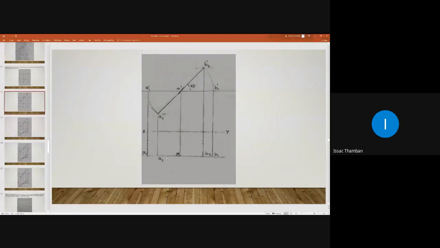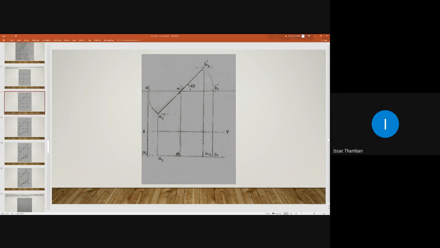If a line is parallel to VP, then what is the specialty of that line? It should reveal its true length and true inclination in the elevation. Here we are keeping line AB2 parallel to VP.